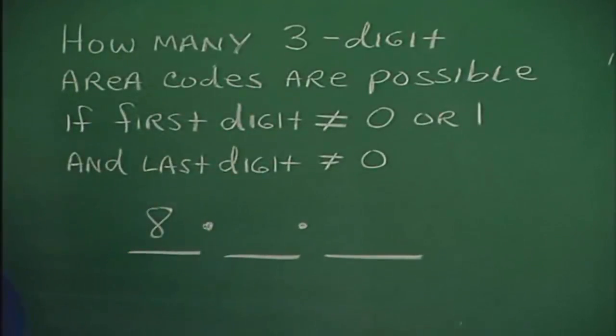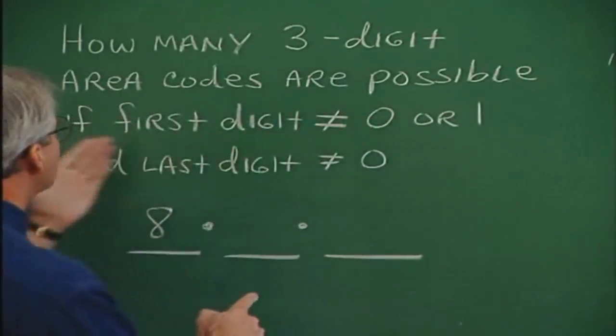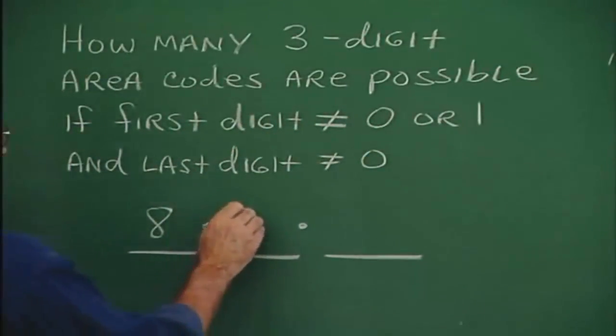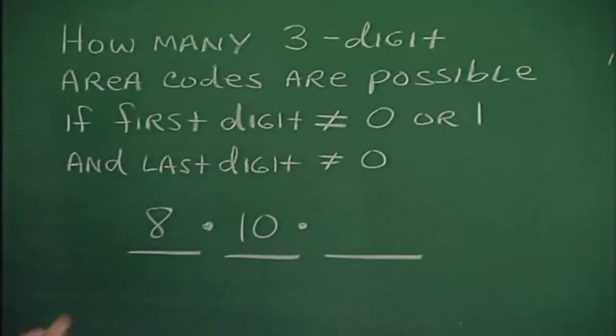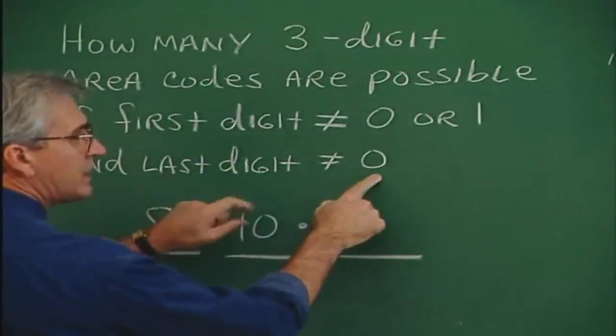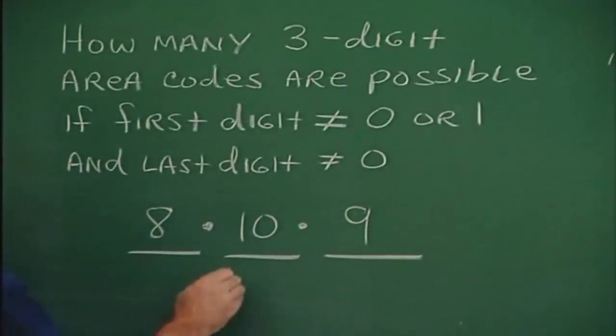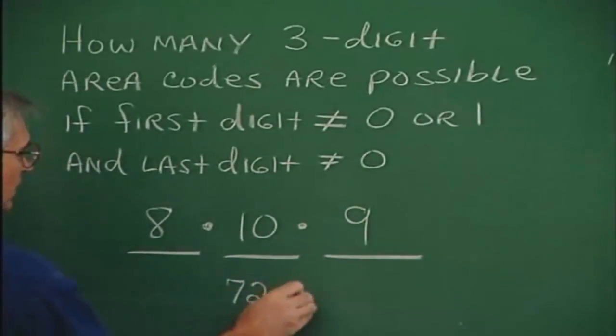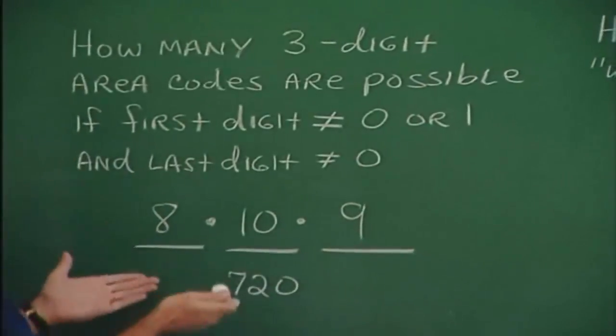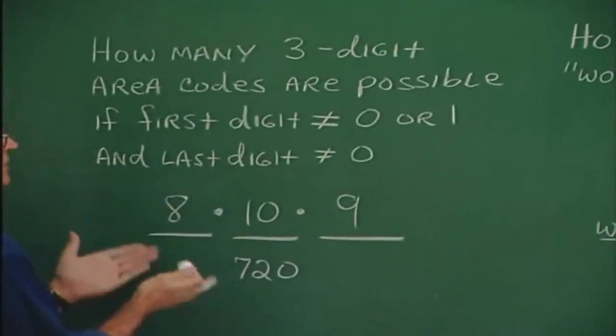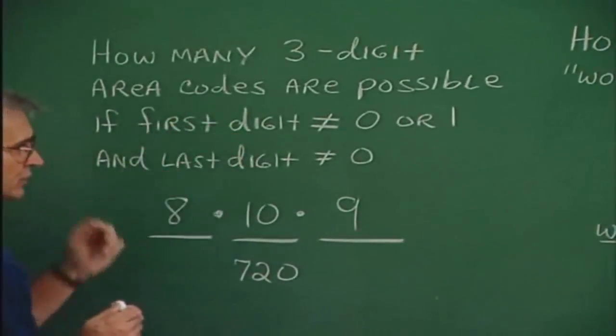For the next digit, how many choices do we have? Well, there are no restrictions for the second digit, so there are 10 possibilities. The last digit cannot be a 0, so there are 9 possibilities. So multiplying here, there are 720 possible area codes given these restrictions.